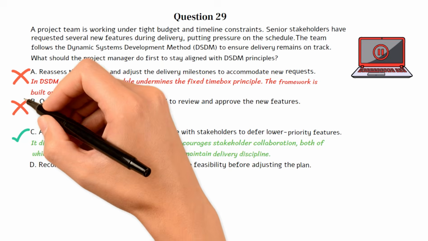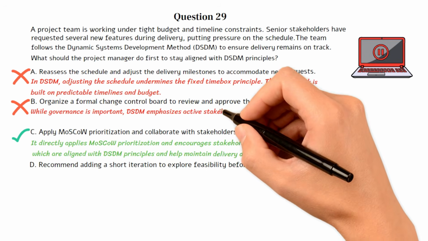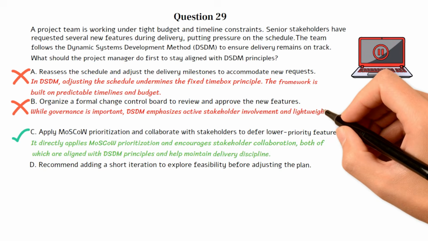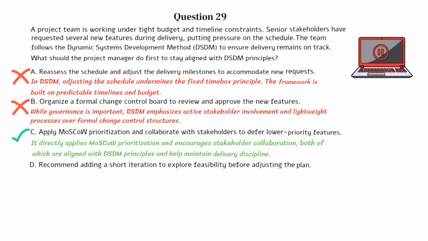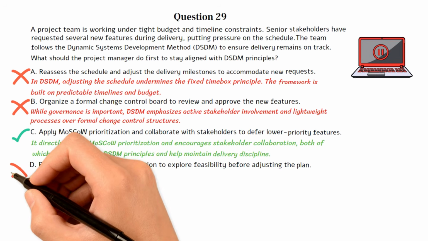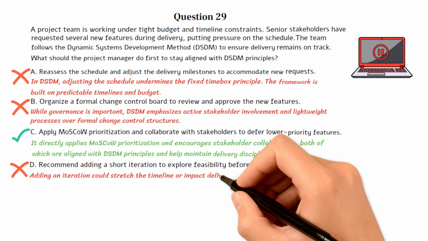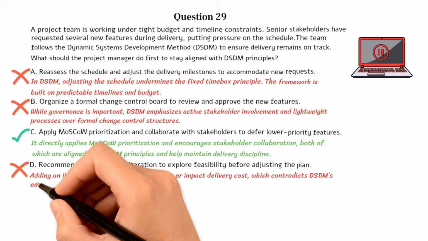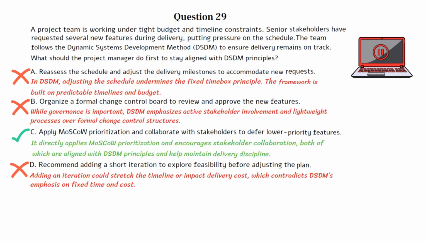Choice B is incorrect. While governance is important, DSDM emphasizes active stakeholder involvement and lightweight processes over formal change control structures. Choice D is incorrect. Adding an iteration could stretch the timeline or impact delivery cost, which contradicts DSDM's emphasis on fixed time and cost. Let's move on to the next question if you're ready.